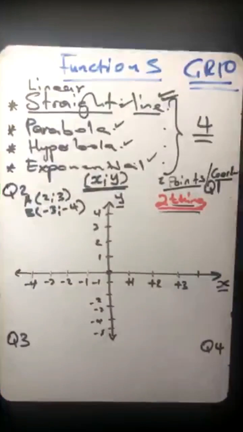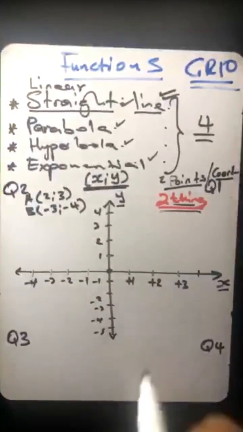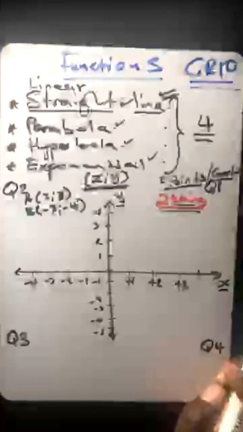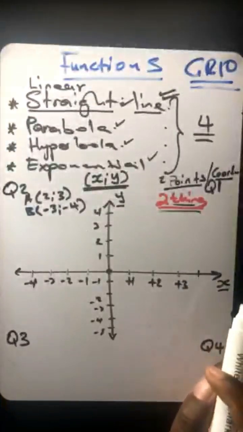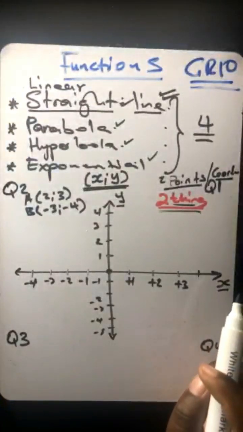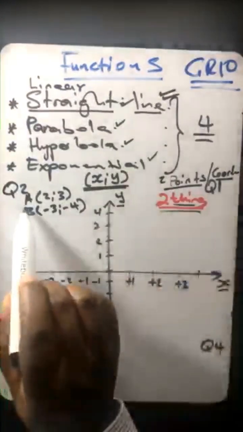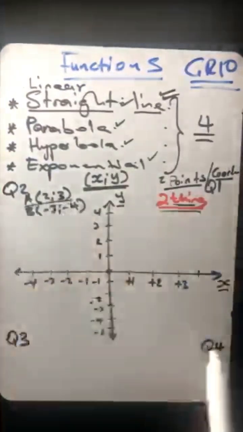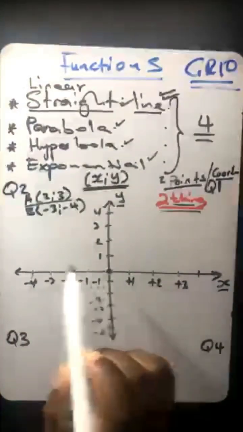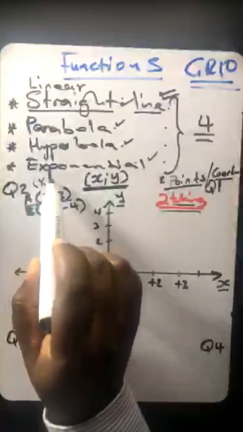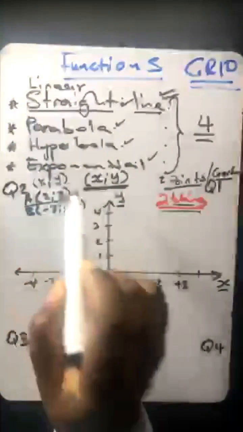So I wanted to say, you have point A and point B. So let's now try to locate point A. So that means we need to try and find where X is 2 and where Y is 3.